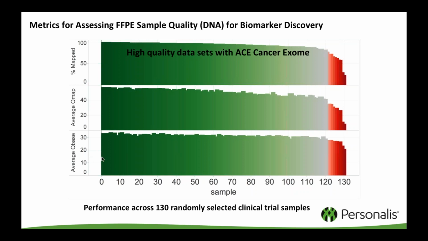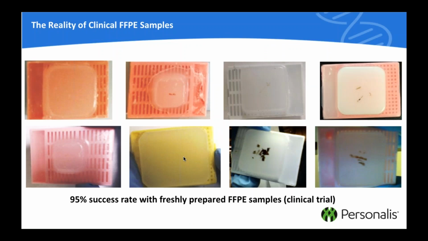As you can see from this recent project of FFPE samples that we performed at Personalis using our enhanced whole exome, the DNA sequencing quality was quite high with these samples, utilizing metrics such as these in the assessment for quality.